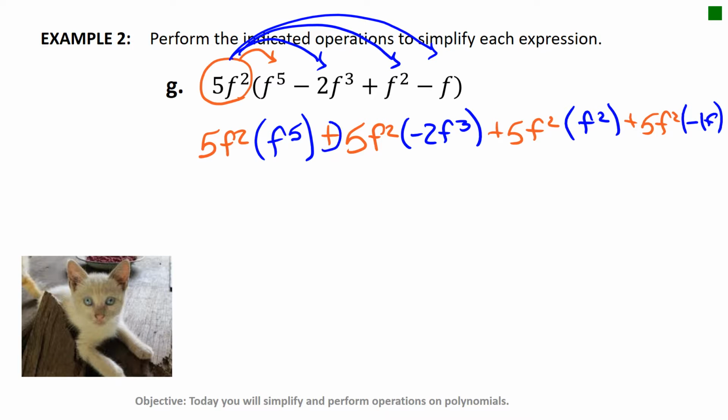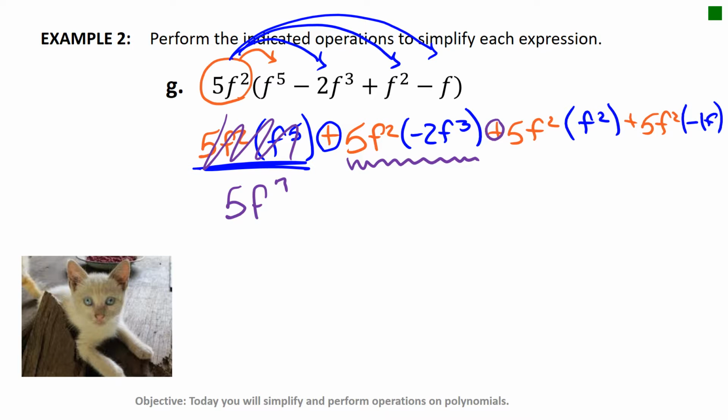Now, here's a plus sign, so that means everything in front of the plus sign I'm going to multiply. The only numbers I have are 5, so it's 5. And then how many f's are there? 2 plus 5 is 7. I'm going to go to this term next because that's in between these plus signs. This one I'm done with. 5 times negative 2 is negative 10, and then how many f's? 2 plus 3 more is 5.